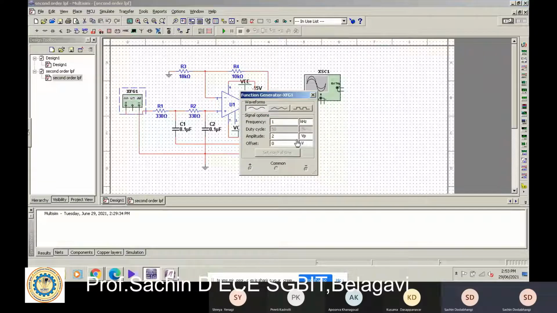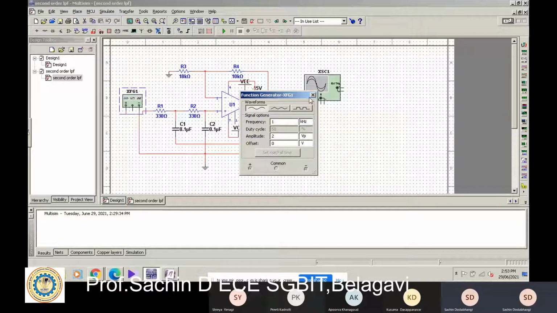I will double tap on this input. You can see 1 kilohertz. 1 kilohertz is my input frequency. You can zoom in and see also. The amplitude I kept as 2 volt peak, and the frequency is 1 kilohertz.